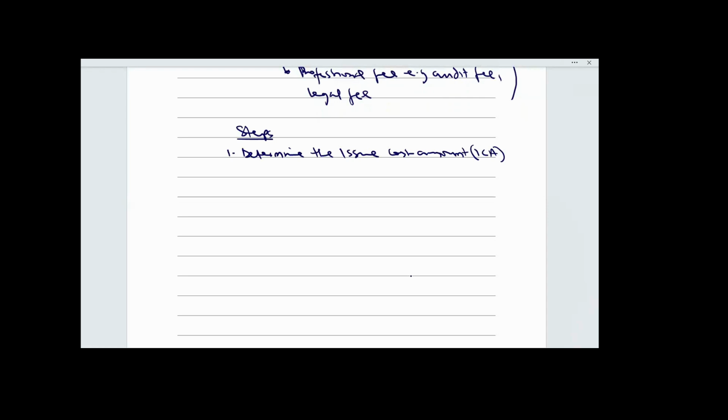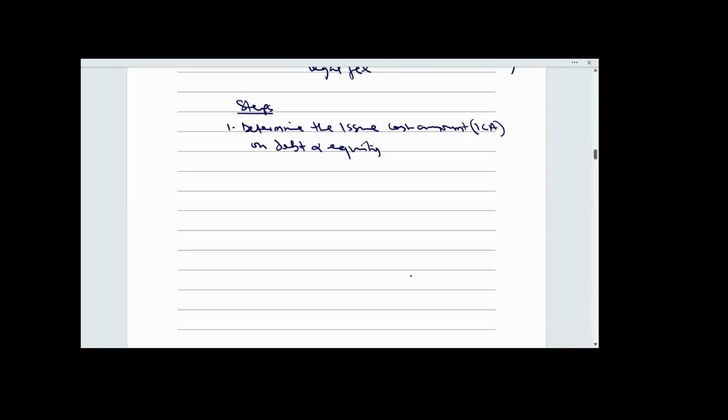Issue cost amount on equity or on debt and equity. If the two of them are given to you, because examiner will give to you issue cost rates on debt separate, issue cost rates on equity separate. So once you are given different issue cost rates, then in that case, you need to calculate two different issue cost amounts, both for equity and debt.